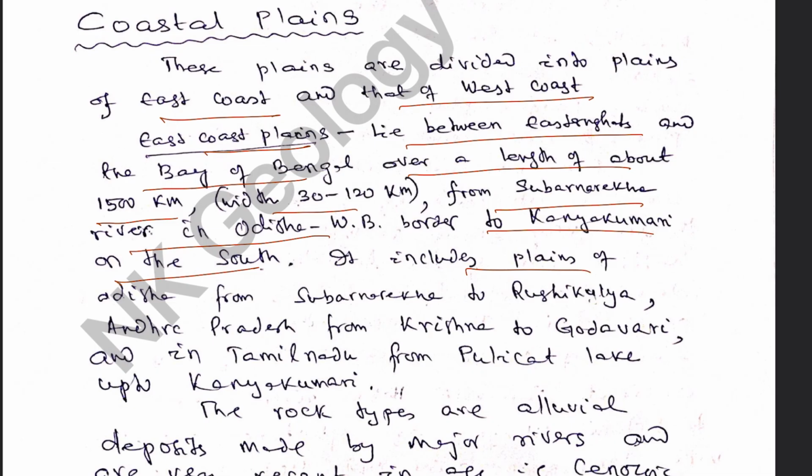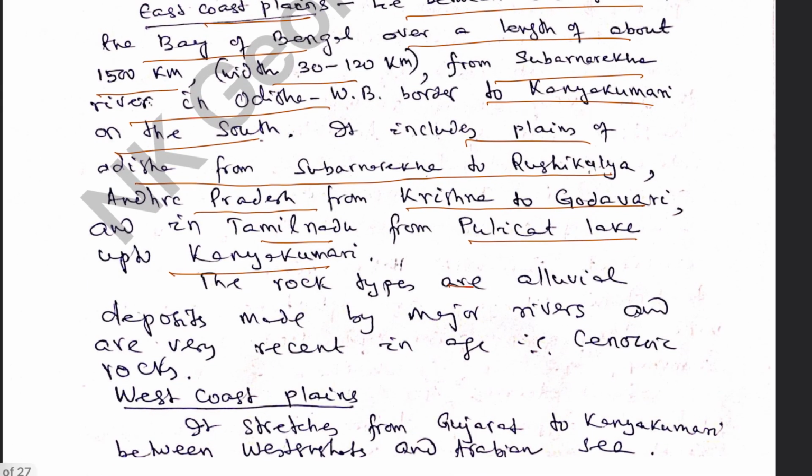It includes plains of Odisha from Subarnarekha to Rushikulya, Andhra Pradesh from Krishna to Godavari, and in Tamil Nadu it extends from Pulicat Lake to Kanyakumari. The rock types are alluvial deposits made by major rivers and they are very recent in age, Cenozoic. The sedimentary coastal plains are Cenozoic in age.